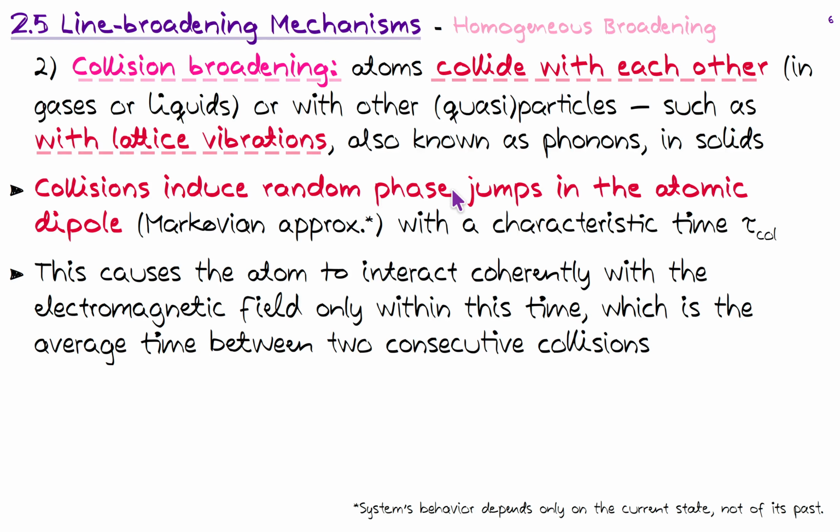So we have collisions within the material. If you're treating a gaseous medium, the emitters can be hitting each other, and the same thing applies for liquids. But in the case of a solid gain medium, we can have lattice vibrations, so phonons are moving within the solid, and these phonons are hitting electrons, our atomic emitters, and giving rise to broadening via collisions.